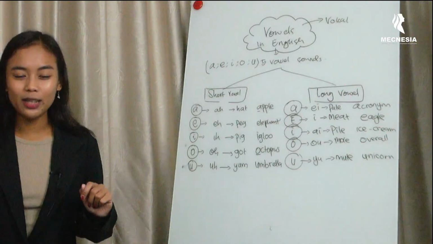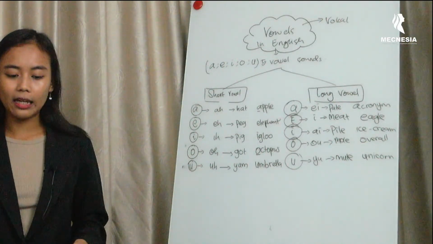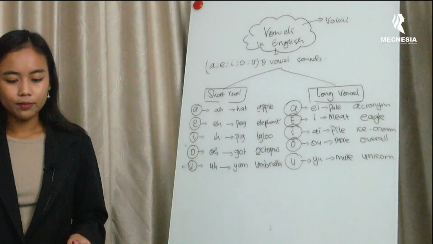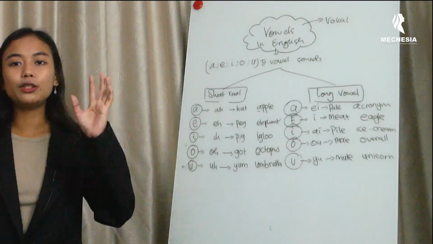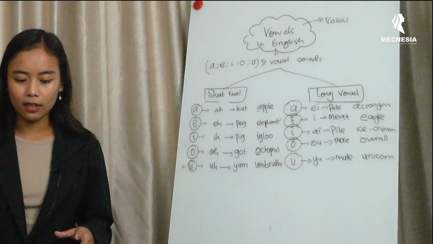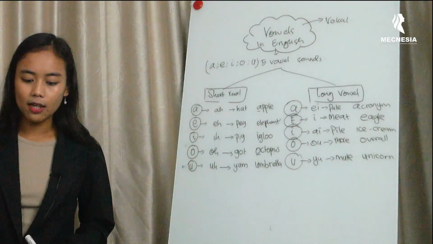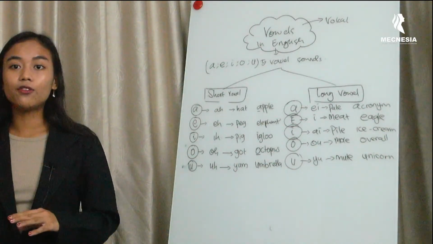And the next one we have the I sound. Bunyi I nih sekarang. So, there are also 6 rules to use this sound. Ada 6 aturan untuk pakai bunyi ini. The first is when the I is followed by a consonant and then another vowel.